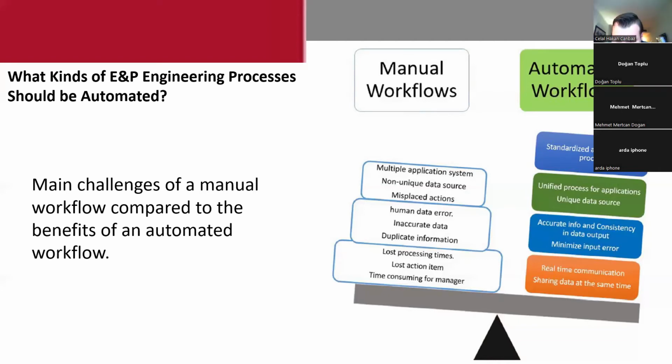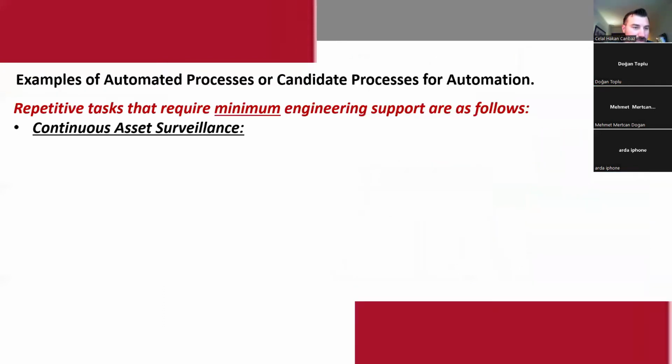Automation can be facilitated by a common platform for a data model that consolidates data sources, and by the toolkit as well. Toolkit means a commercial or customized technical software. This provides analytics, diagnostics, and optimization to your client, or if you are the operator, to your operator as well. I will give examples of automated processes or candidate processes for automation.